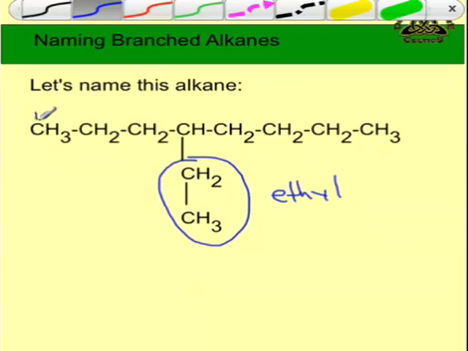So this is 1, 2, 3, 4, 5, 6, 7, 8, if we measure in that direction. If we measure in this direction, it's 1, 2, 3, 4, 5, 6, 7, 8.